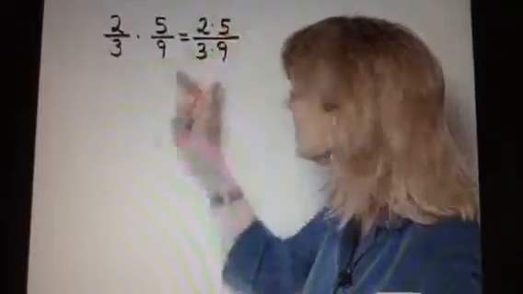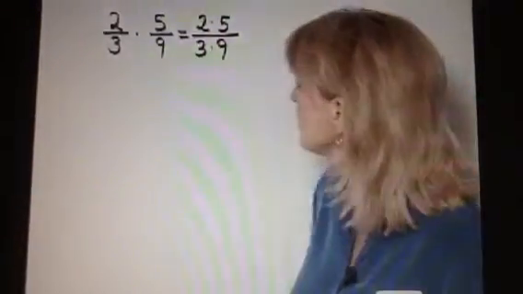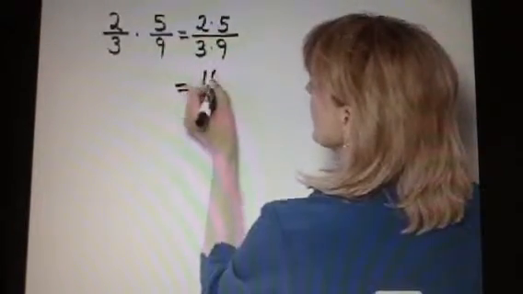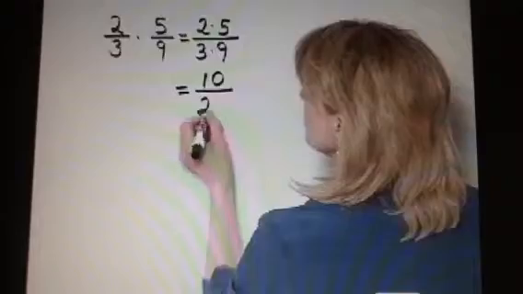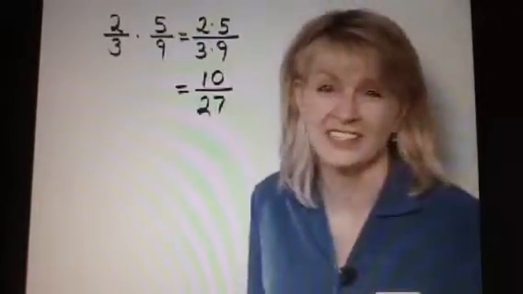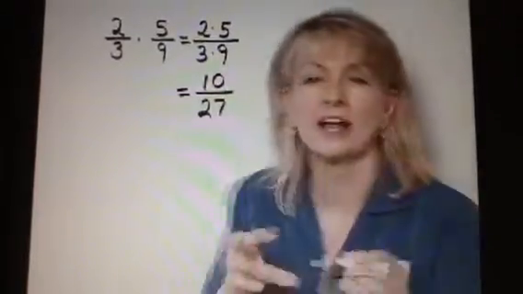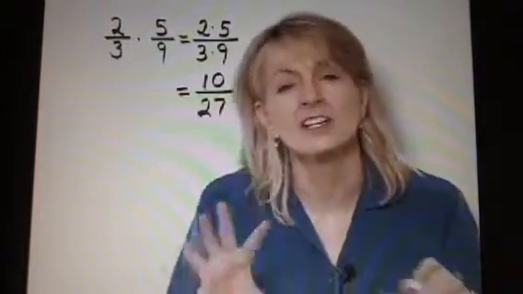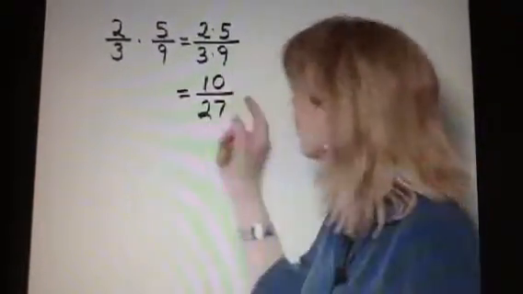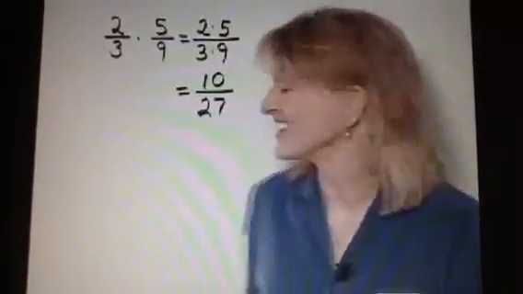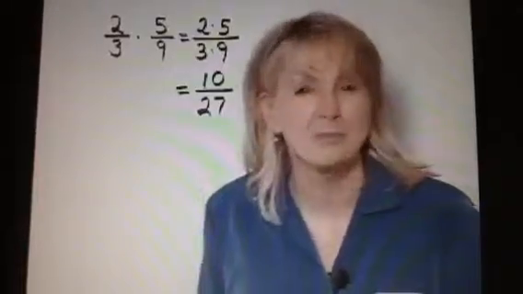There will be no common factors in the numerator and the denominator, so I'll just go ahead and multiply. 2 times 5 is 10 over 3 times 9, which is 27. In other words, I was trying to decide whether I needed to write out the prime factorization, trying to simplify before I actually multiplied, but there's no simplifying to be done here. So there is my product.